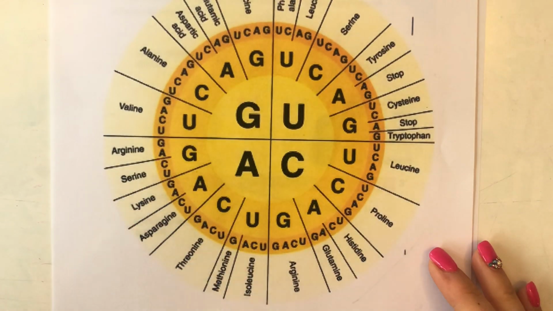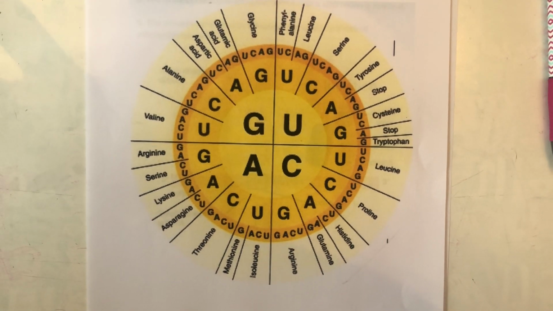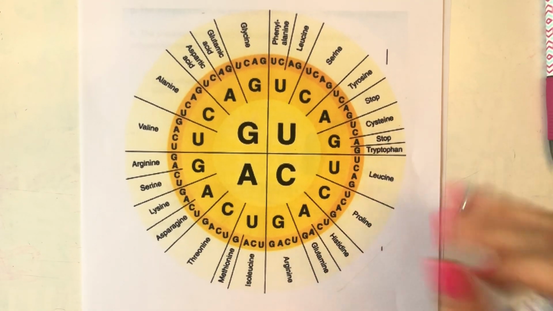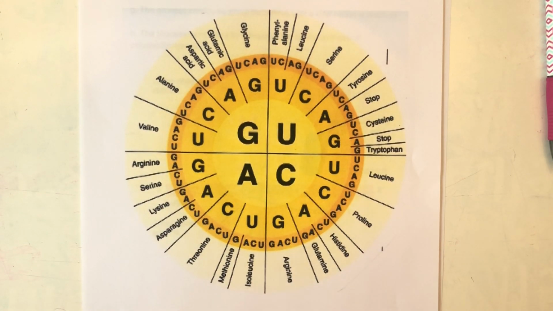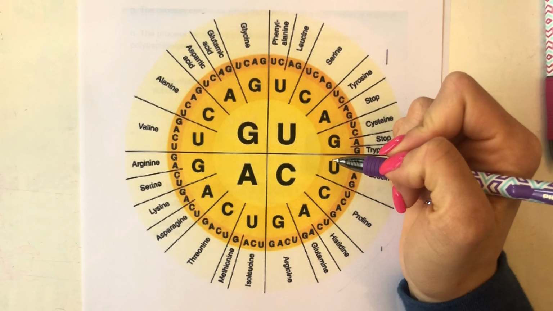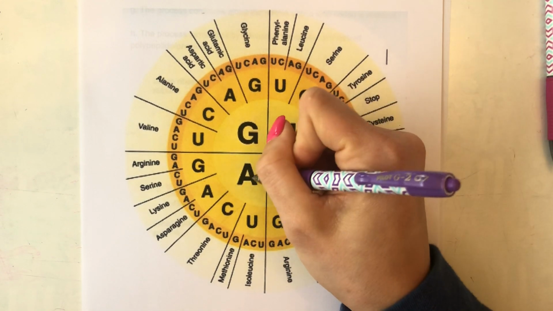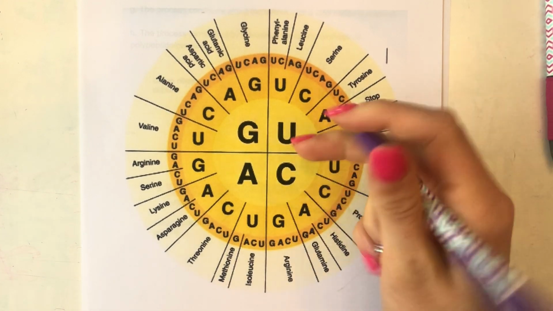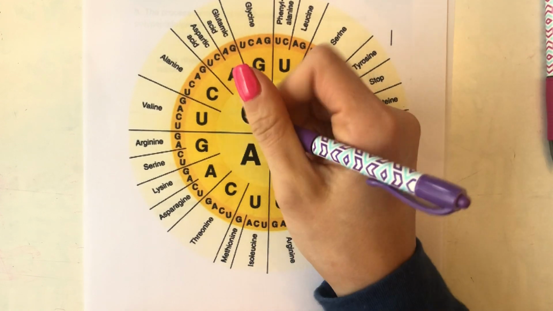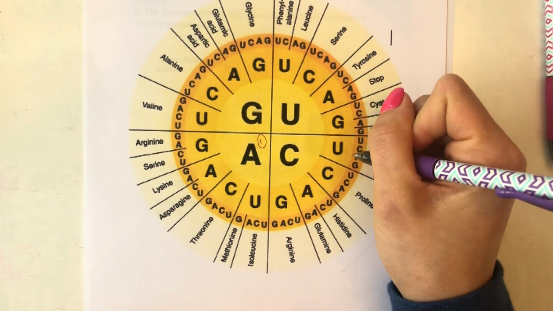Okay, here is the codon wheel. The codon wheel has all the combinations that code for all of your 20 amino acids. The 20 amino acids are ones you get from your diet or the ones that your body makes specifically for you, okay? But these are integral to making more proteins in your body. On the codon wheel, AUG we said is our start codon. The way you read this, you start in the center with the first letter of the codon.